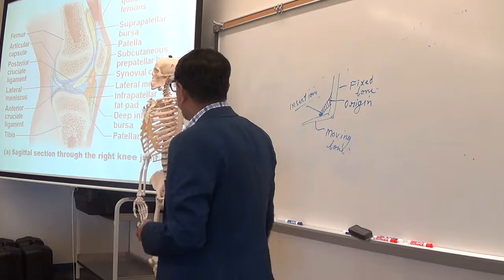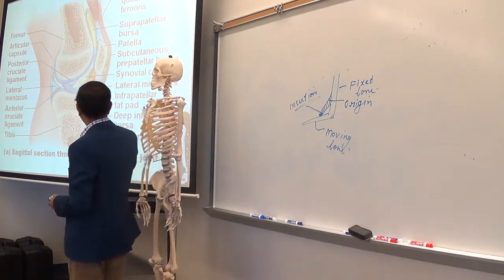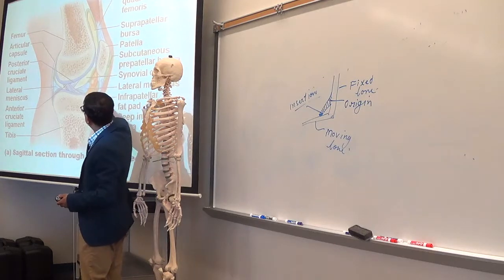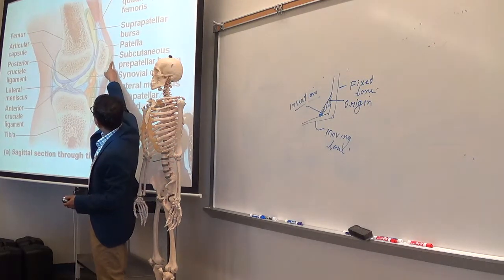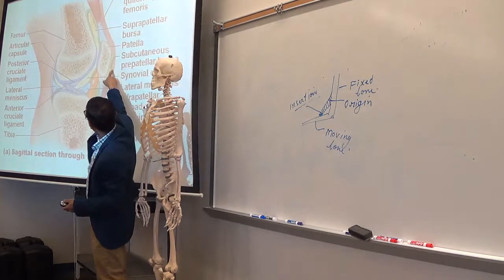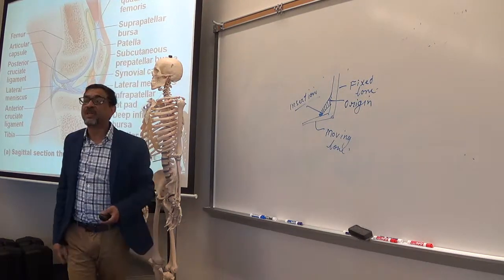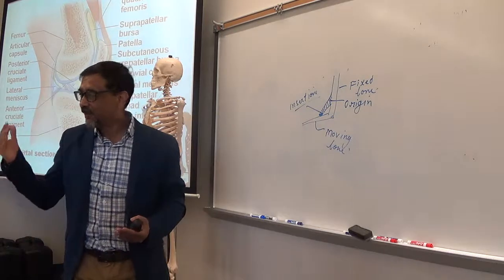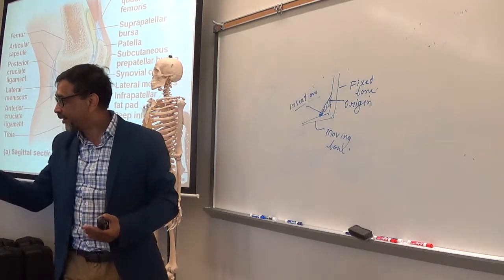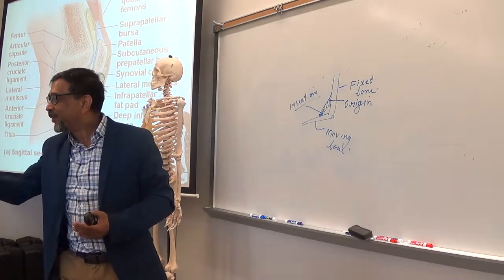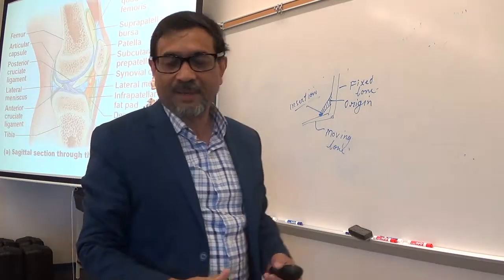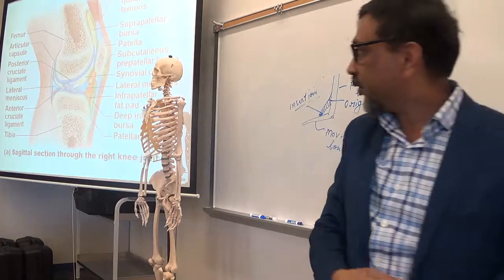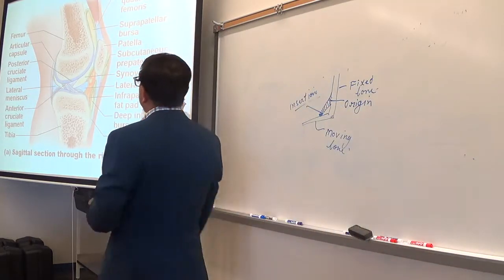Below the patella, you have the infrapatellar bursa. And this one is under the skin. You see this is the skin. That's why it's called the subcutaneous prepatellar bursa. Subcutaneous means under the skin, right? Prepatellar, before you hit the patella. So just under the skin. All those names make sense, right?